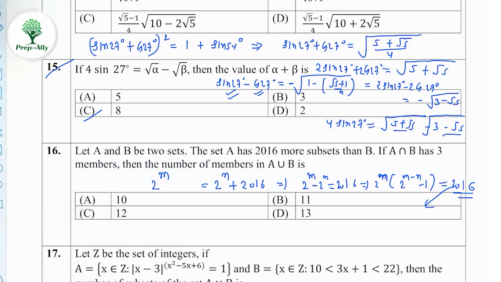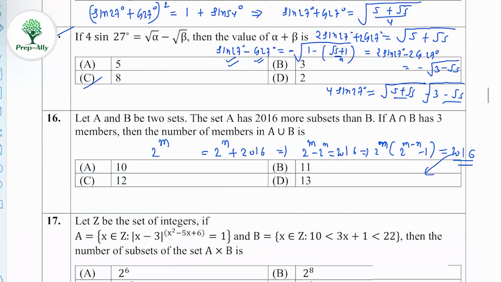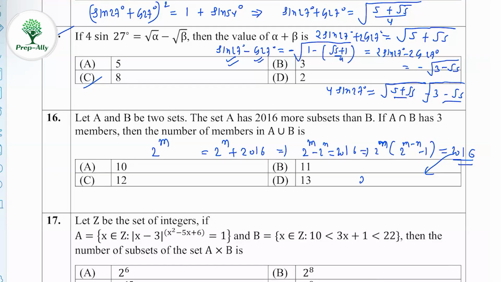You have to just simplify this, like 2016 factorize. So 2 into 1008, 2 square into 504, then 2 cube into 252, then 2 power 4 into 126, then 2 power 5 into 63.